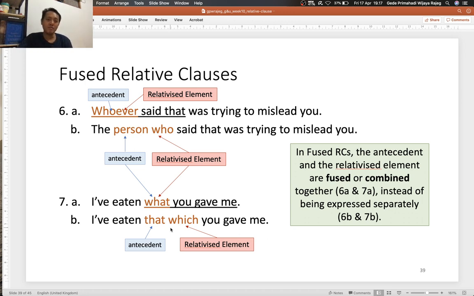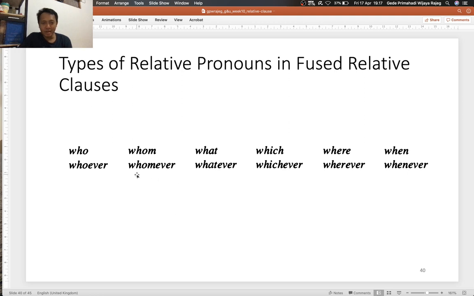The key feature of fused relative clauses is that the antecedent and the relativized element are expressed as one word. Try to create relative clauses with these types of fused relative pronouns: who, whoever, whomever, whatever, whichever, wherever, whenever. Those are the relative pronouns possible for fused relative clauses.